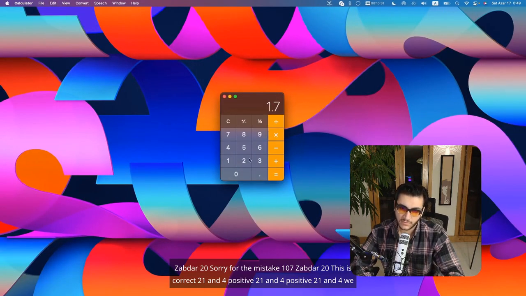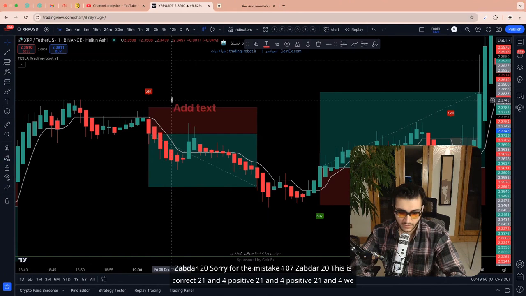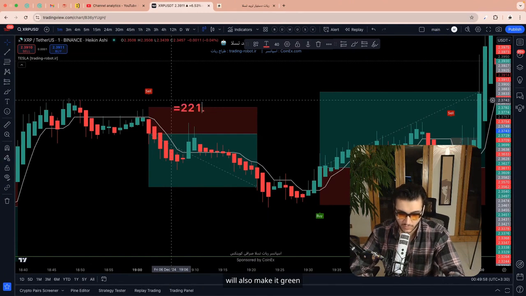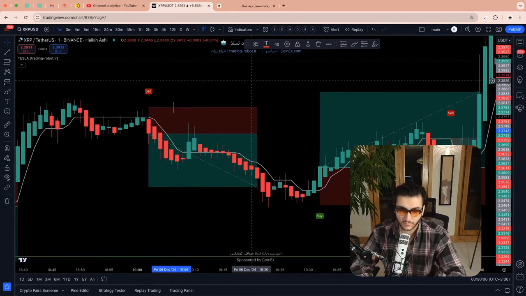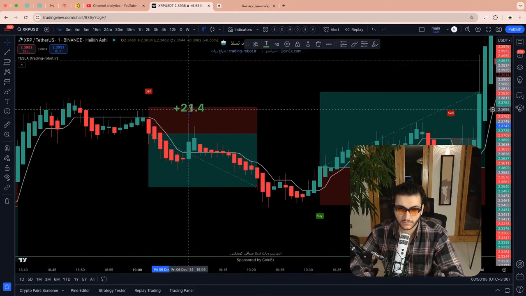Leverage 20. Sorry for the mistake. 107, leverage 20. This is correct. 21 and 4, positive. 21 and 4. We will also make it green on the 21st and 4th.